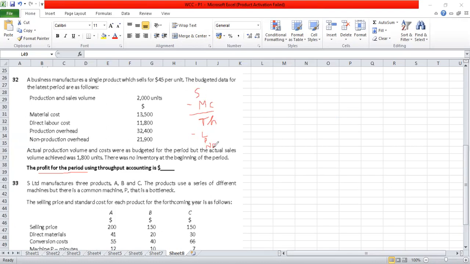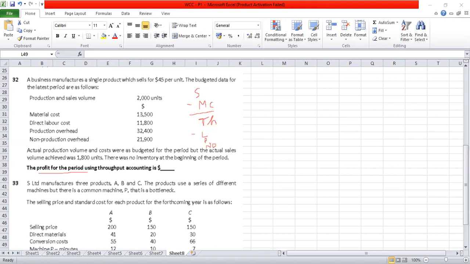Okay, so let's start. The selling price per unit is $45, but the number of units sold is only 1,800. Check how much the sales value is.